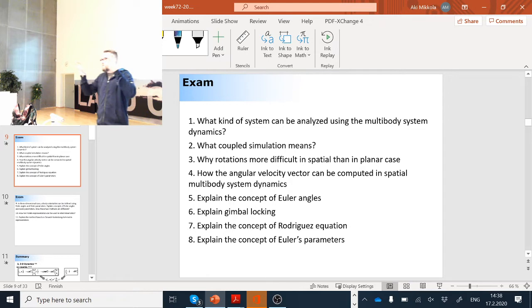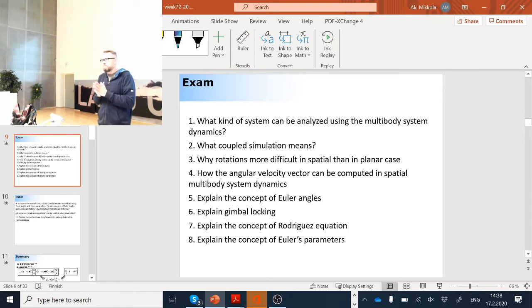But co-simulation and monolithic, that's enough. Coupled simulation means that you're combining two or more things into one package. You got it? You're answering like that for points.